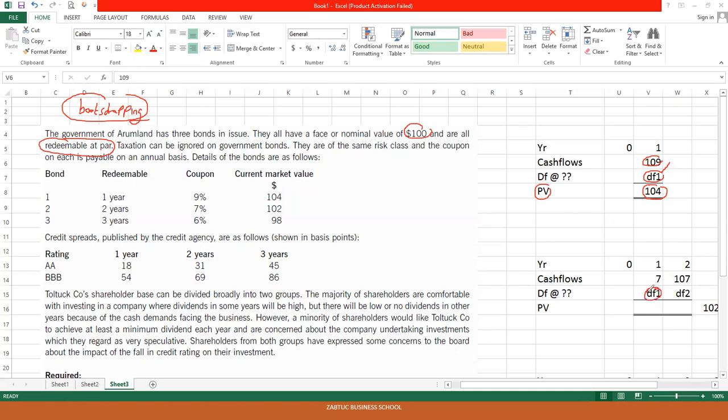So once we know this value here, I know that value there, we can find this value there. You see the logic? That's the logic. So let's go now. Can you work out the discount factor using your calculators? That is item number 1.